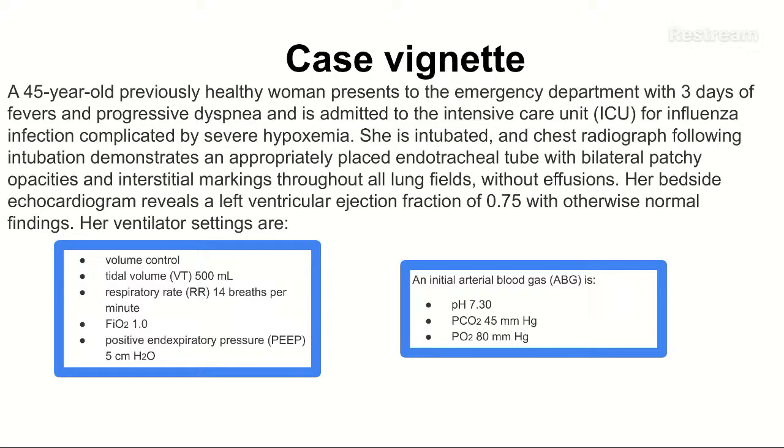Her bedside EF is 0.75, that is 75%. Volume control, tidal volume is 500, respiratory rate 14, FiO2 1, PEEP of 5. And ABG is showing pH of 7.3, PCO2 of 45, and PO2 of 80.